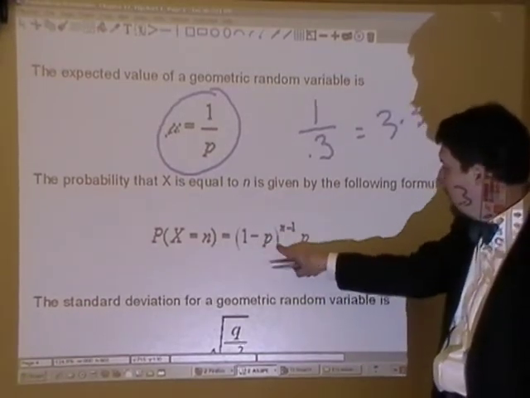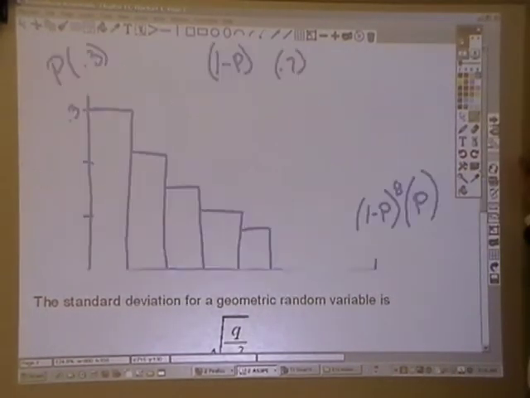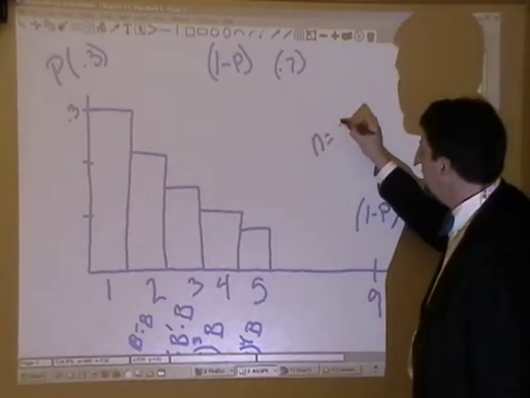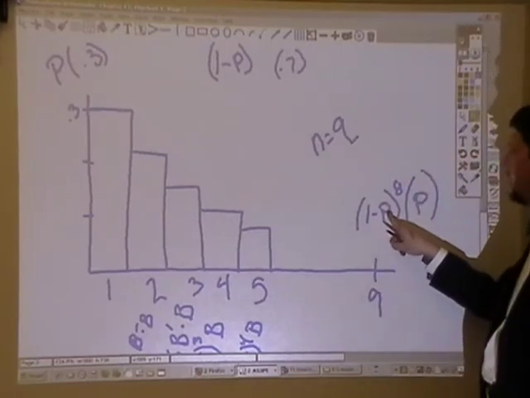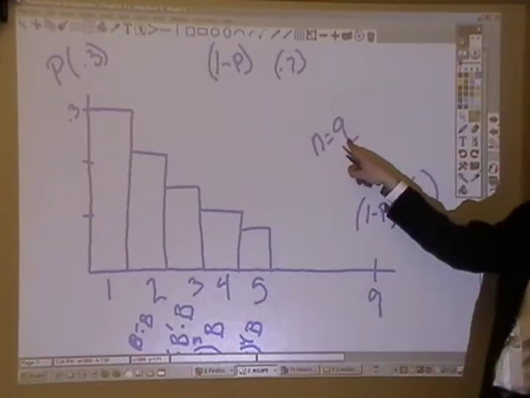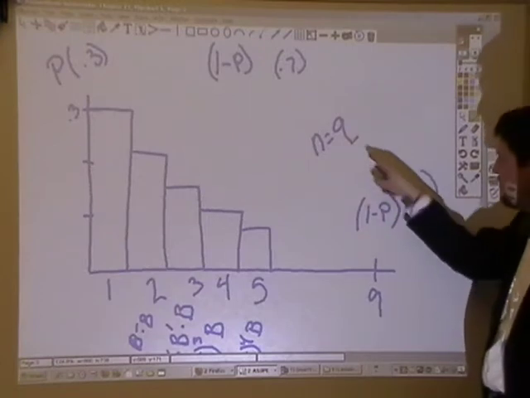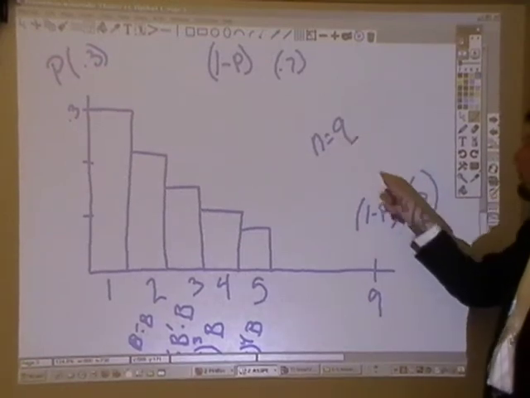Because this statement is exactly what we did when n equals 9, when I have my trial set for 9. We asked, how many failures am I going to have? Well, if it's going to happen on my 9th, I'm going to have 8 failures, because this exponent is our total number of tries minus 1.